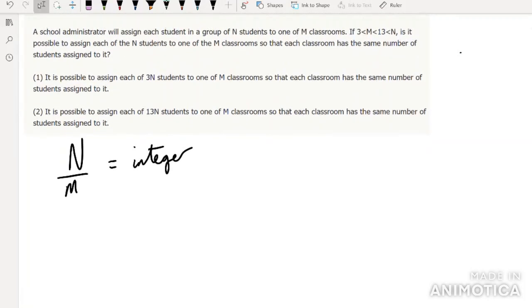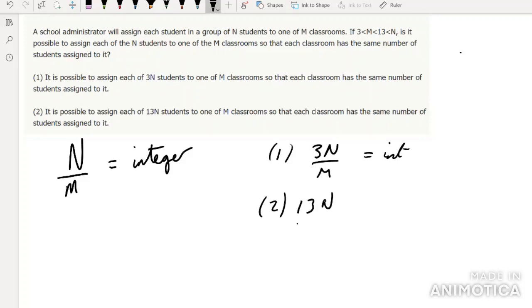So, okay, that's all we're given in the first bit. And then what are we told? In statement 1, 3n over m equals an integer. And in statement 2, 13n over m equals an integer.